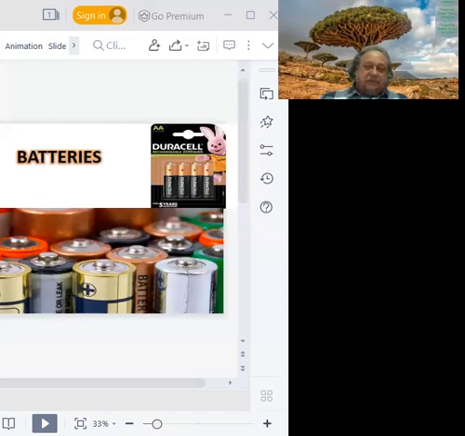So another part that is very important in terms of the development of a cell or battery is the electrolyte, or what we call the ionic conductor, which provides the medium for transfer of charge as ions inside the cell between the anode and the cathode.